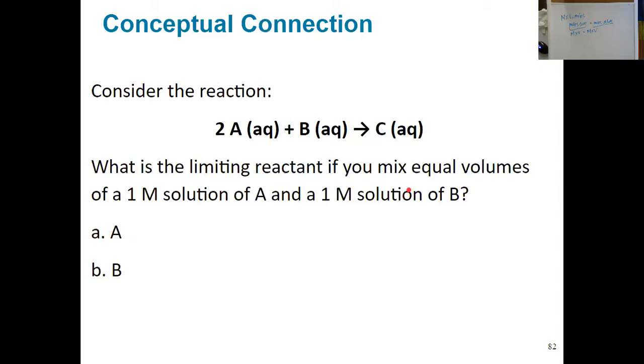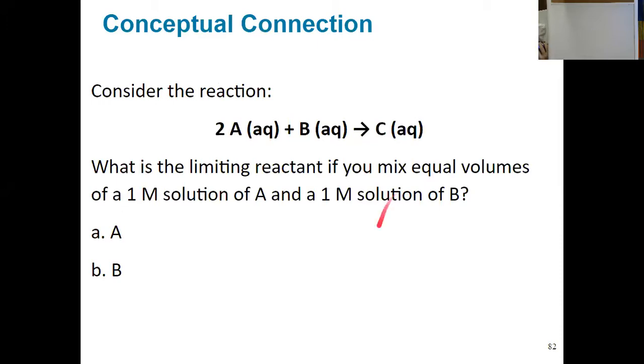This is just a concept check. Okay. Consider the following reaction. What is the limiting reactant if you mixed equal volumes of 1 molar solution of A and 1 molar solution of B? Just a recall back to our limiting reactant stuff. Now we're looking at it in terms of concentration.